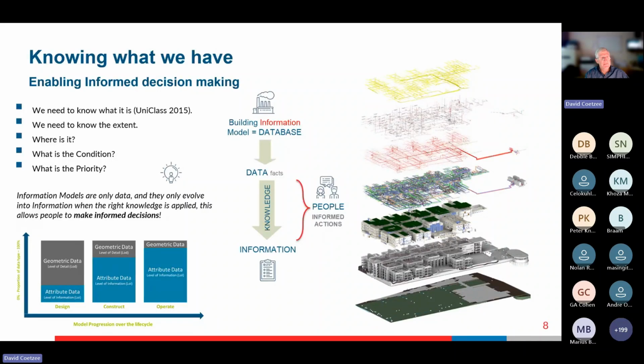There will be a certain amount of as-built stuff that we need to worry about. But in the construction phase, we start to focus more on the attribute data, particularly for your MEP, mechanical, electrical, and plumbing assets, which are really important. And then as we get into the operational phase, the geometric becomes almost like, yeah, we've got that. Everything is now in place. We really spend a lot of time focusing on the attribute data.